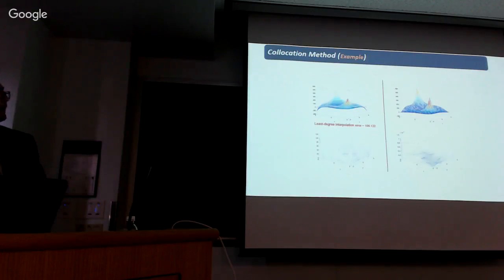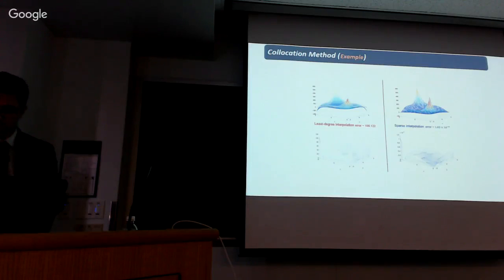Here on the left side, you can see that the approximation of this polynomial with respect to the original polynomial will have an error of something like 100. But on the right-hand side, with the sparse optimization compared with the original polynomial, the error is on the order of 10 to the power minus 8.